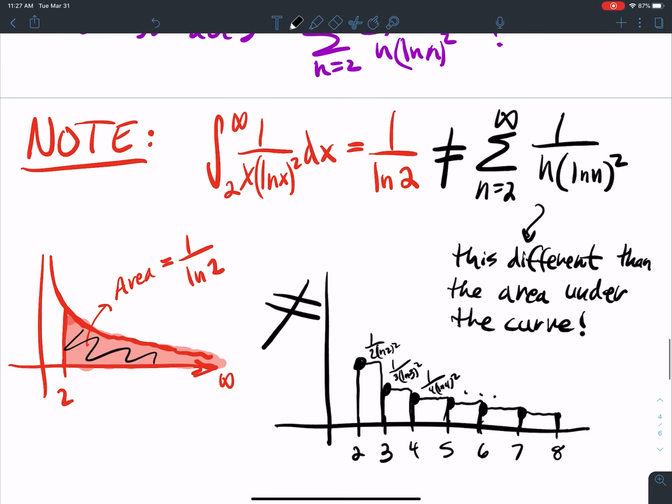And you learned in calculus that the rectangle sum is a good estimate, but it's not exactly equal to the area under the curve. So that's what's going on there.